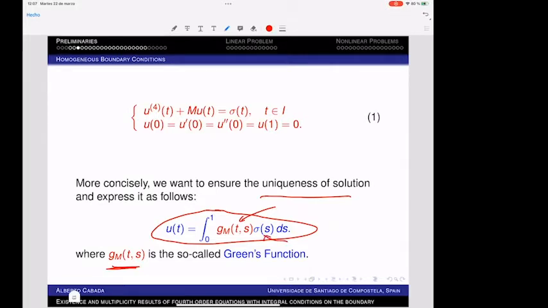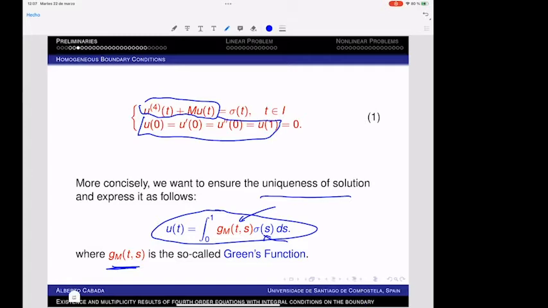We move sigma, but the Green function is inherent to the equation, depends obviously on the equation, but also depends on the boundaries. So both of them give the kernel. If we change the equation or the boundary conditions, of course the Green function, the kernel, changes, right?